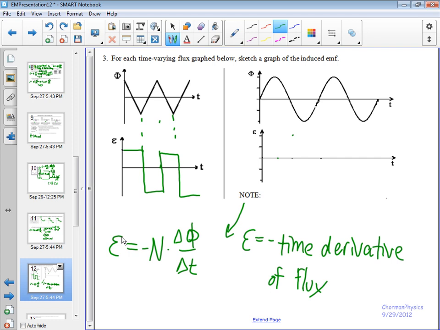Just make sure I get everything drawn the way I should. It comes up through there, goes to the next one up there, comes back down through here, next one through here, next one there, through 0 here. There we go. It should look something like that. That should do it for Faraday's law.